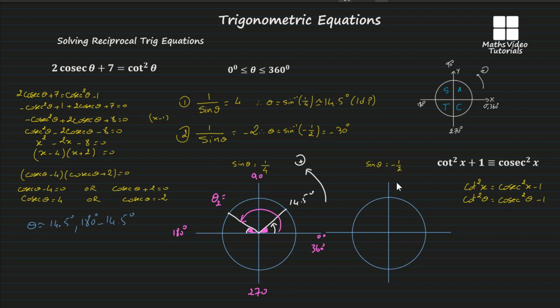This is a negative, so I would expect a solution here and another one here. Again, let's put the angles: 0 degrees, 90 degrees, 180 degrees, 270 degrees, and then 360 degrees. The same direction we follow, of course.